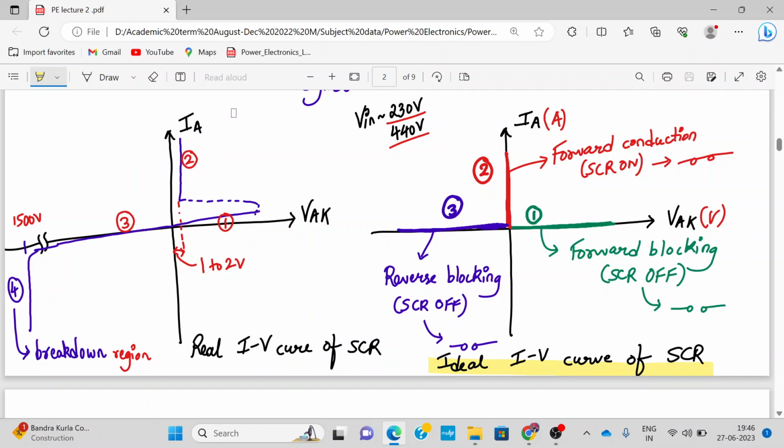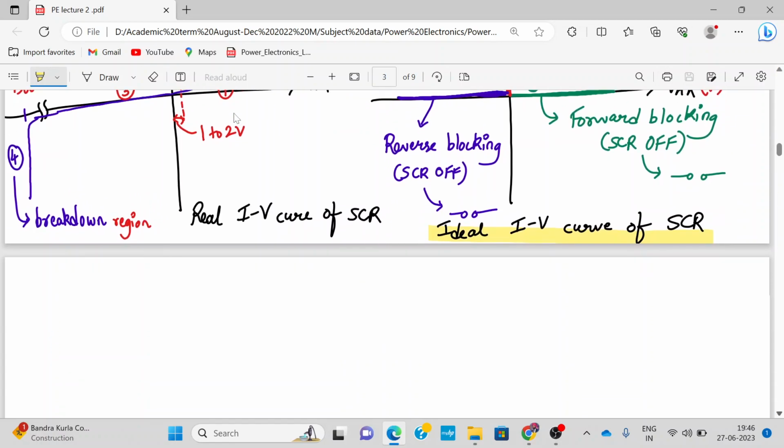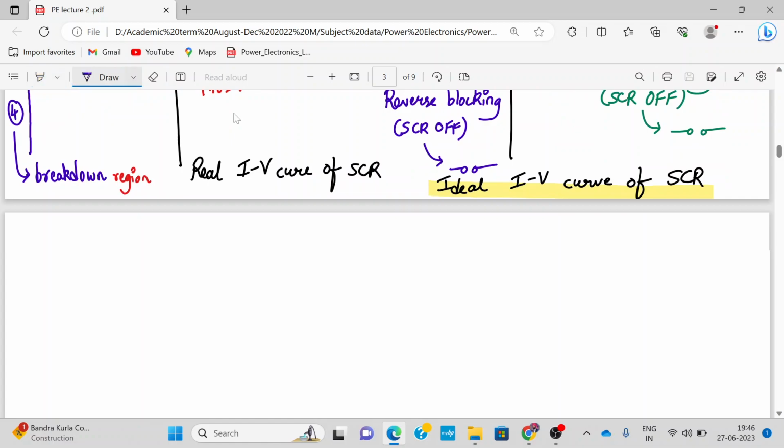Alright. Now, let's see how the SCR is a controlled switch. One important thing to notice: there are two conditions to turn on the SCR. So we will write together. In order to turn on the SCR, we have two conditions.